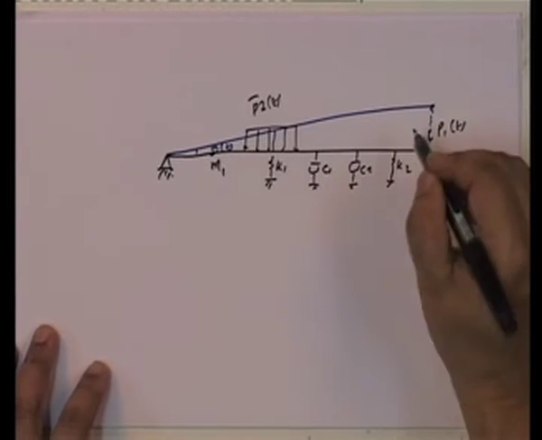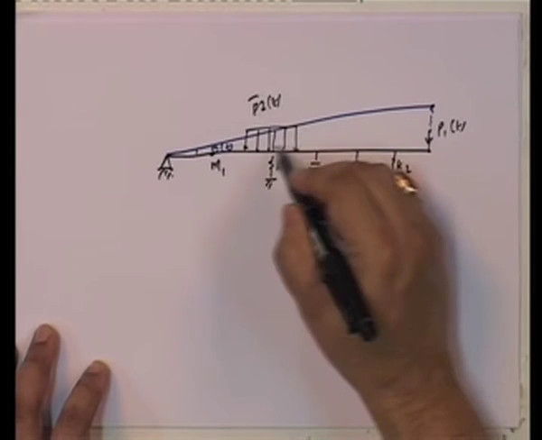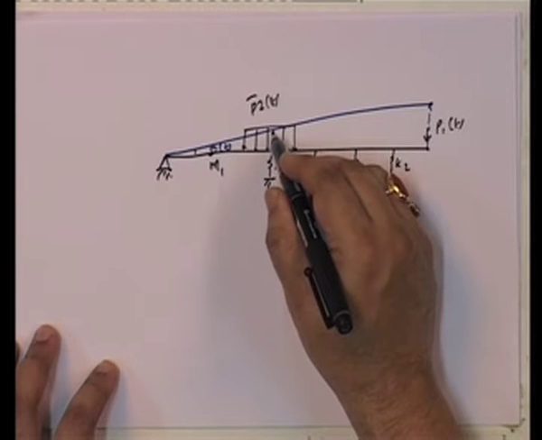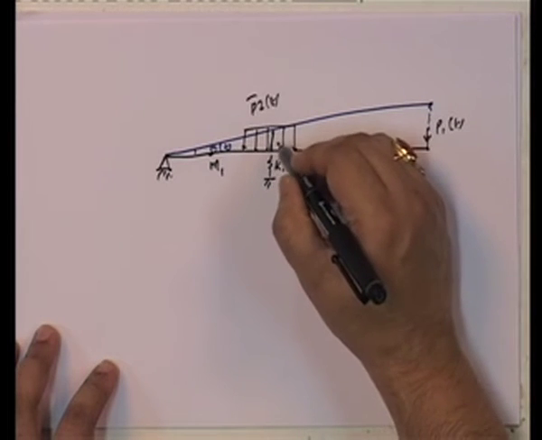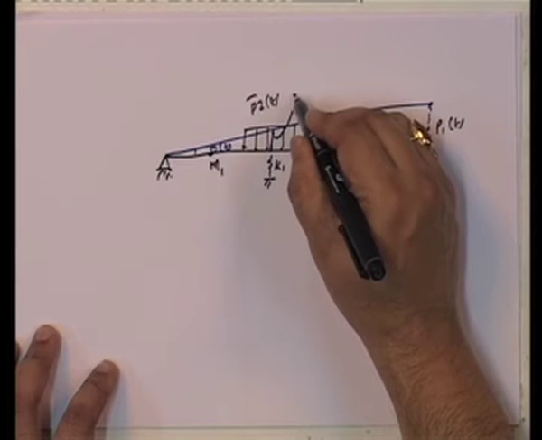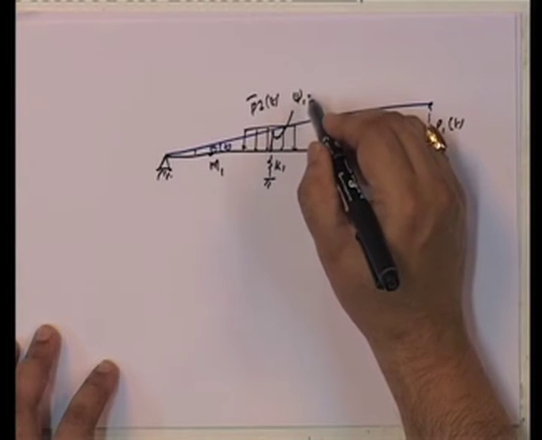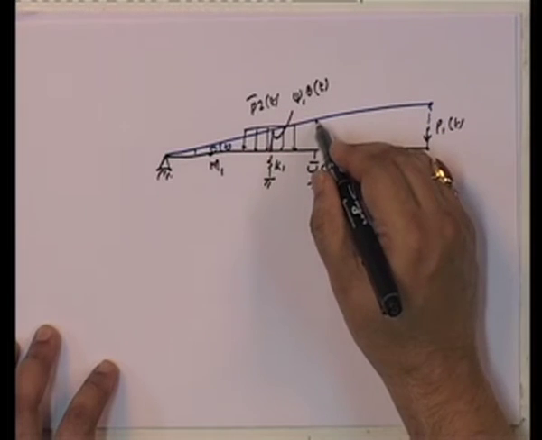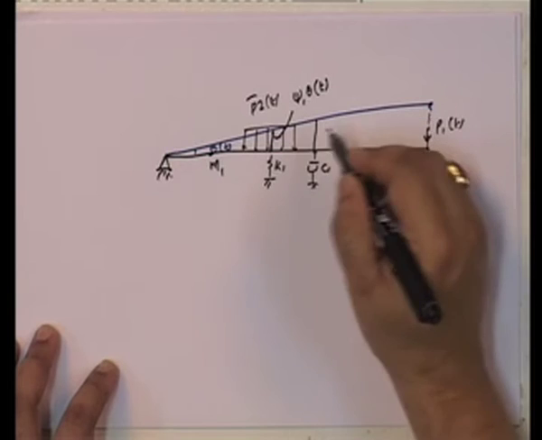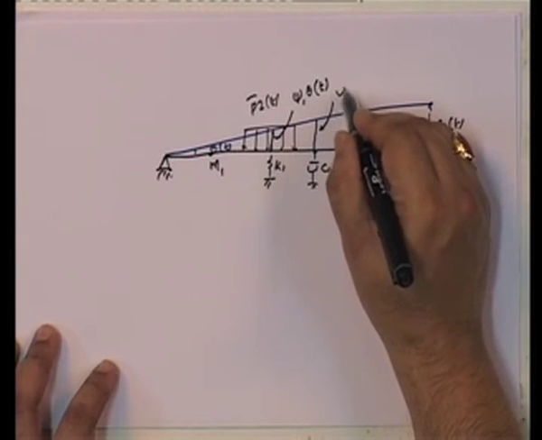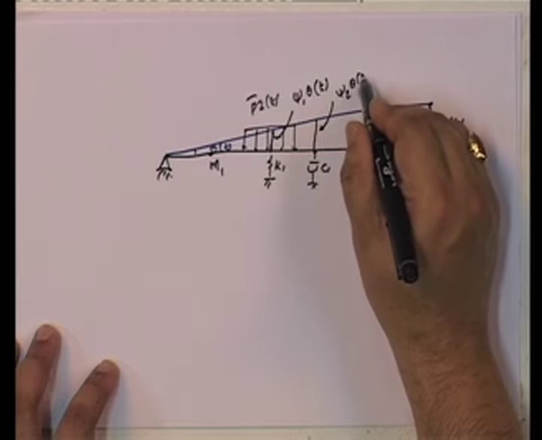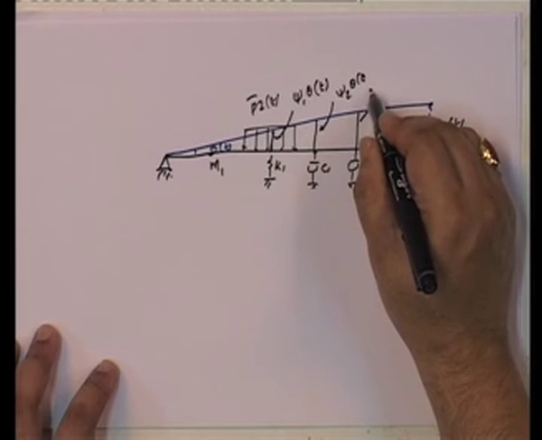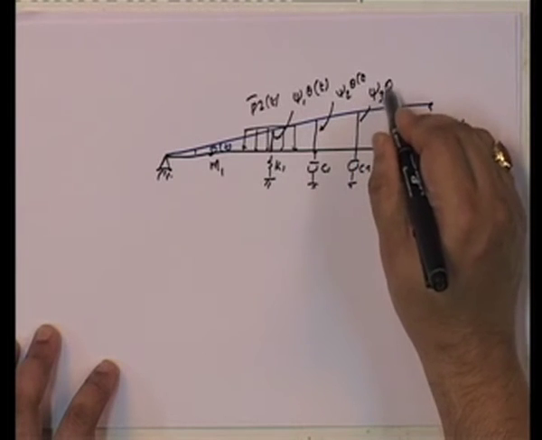So, under this, what I have is at various points due to theta t, I will call these points as displacements. This one is equal to xi 1 into theta t. This point is going to be xi 2 theta t. This point is going to be xi 3 theta t.